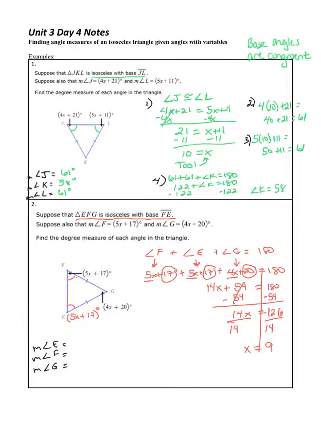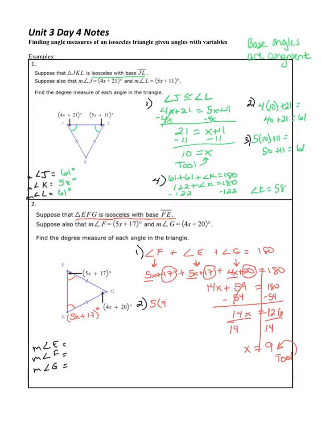So x equals 9. Step 1. This is my tool. Okay, I found it. Now I'm going to use my x. All right, step 2. Doesn't matter which order you do the angles. I'm just going to go E because that's what I have.